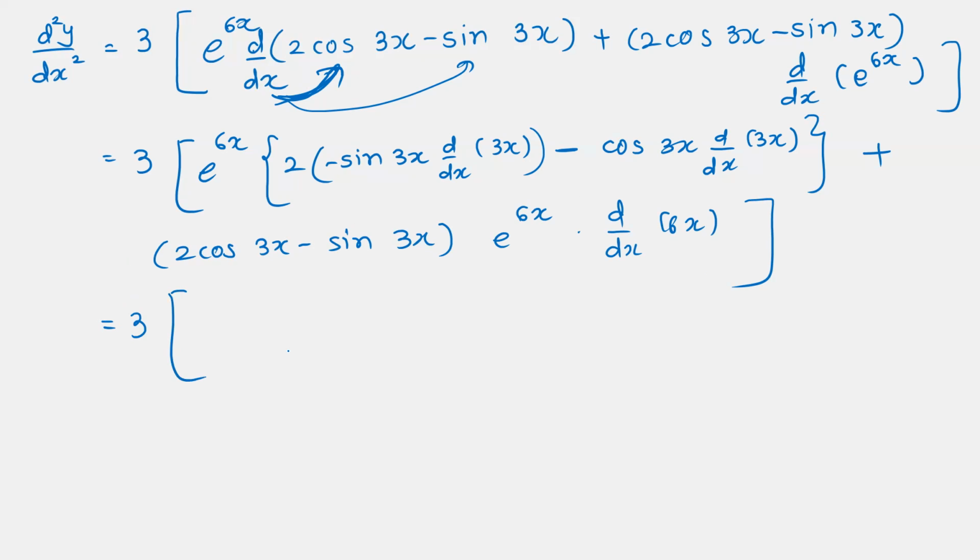Let's do simplification. E to the power 6x, 2 minus 2 sin 3x into the derivative of 3x, which is 3, minus cos 3x as it is, and d by dx of 3x is 3.